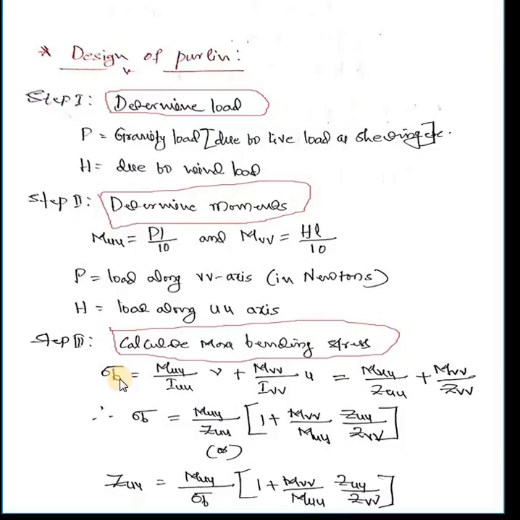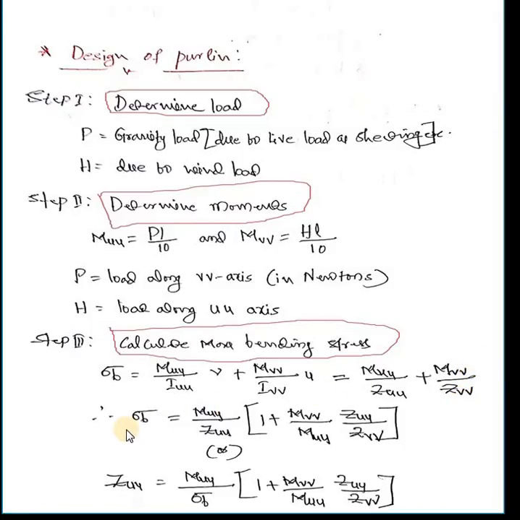The bending stress will be MUU by IUU into v plus MVV by IVV into u. This I by y is nothing but the section modulus. Here instead of y we are writing v. For that reason MUU by ZUU plus MVV by ZVV.